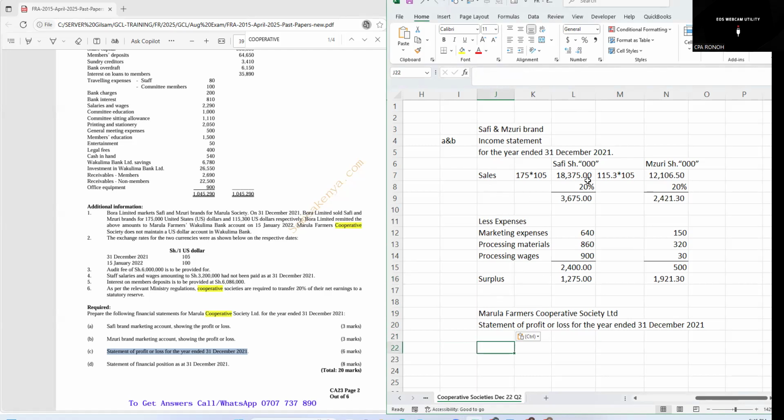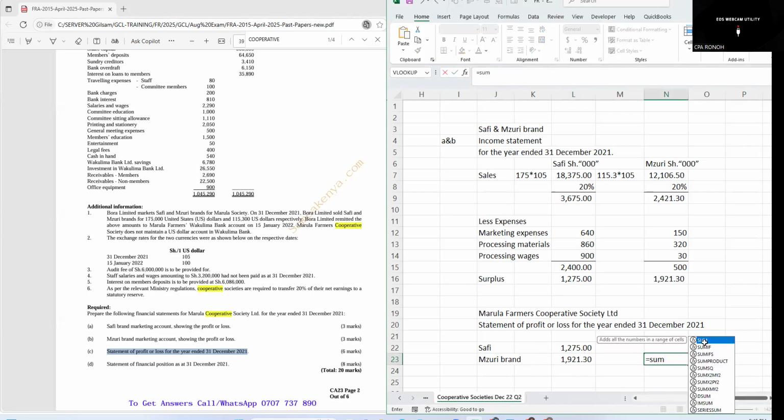So we will have from Safi, you will pick the combined. We will take the sales from Safi, the net value. You can combine the two, take the net, which is this one. Also from Mzuri brand, which is this one, combine the two and get it here as the total value of the sales.